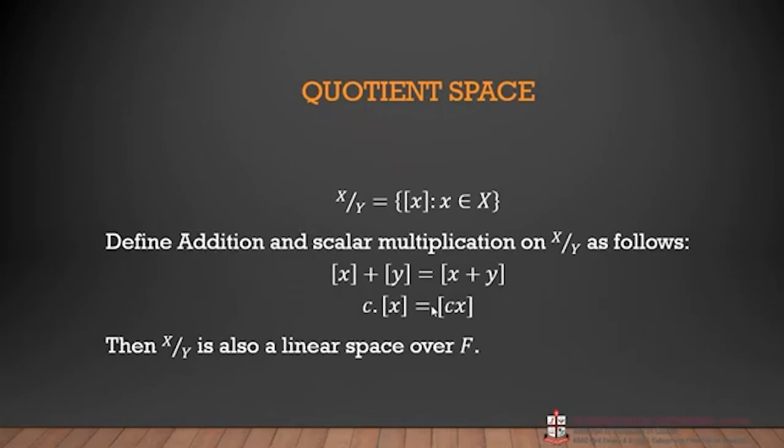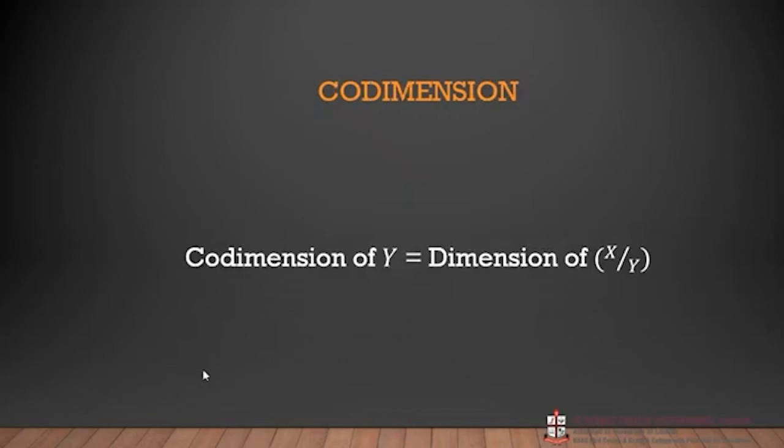Class of x plus class of y is equal to class of x plus y. That is our vector addition here. Suppose c is a scalar, then c times class x is equal to class of cx. Under this vector addition and scalar multiplication, X over Y is again a linear space over F.